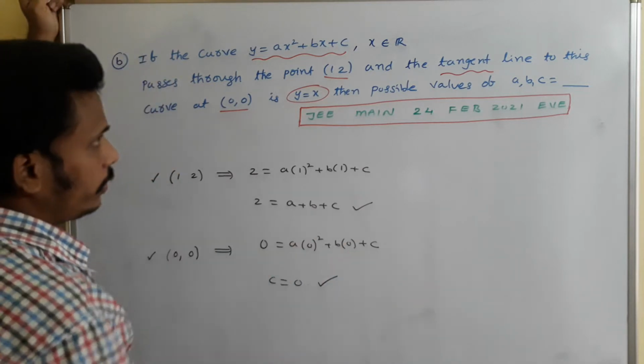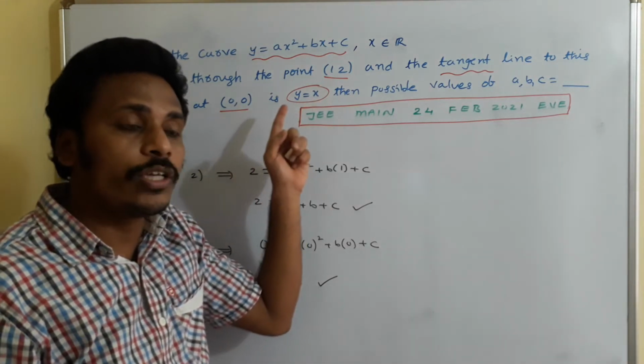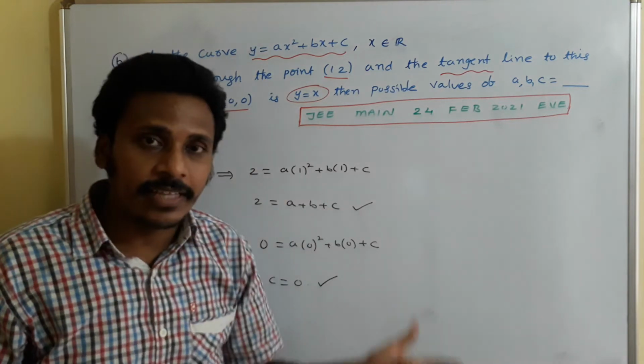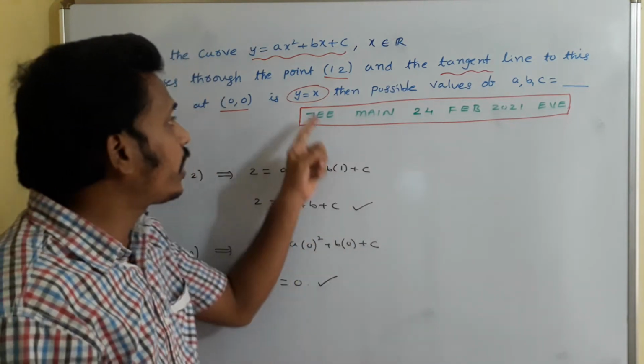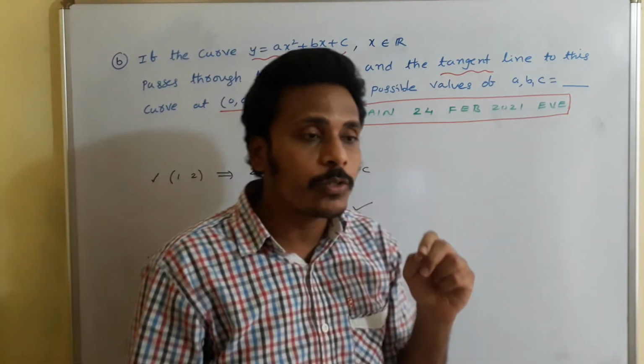And now the third one. As they mentioned, the tangent line at (0, 0) is y equals x. So its slope, when you compare with y equals mx, is 1.